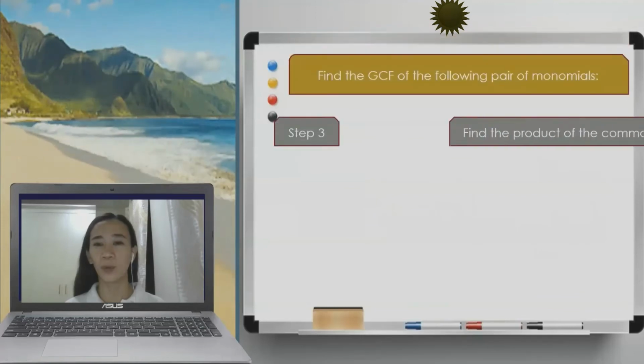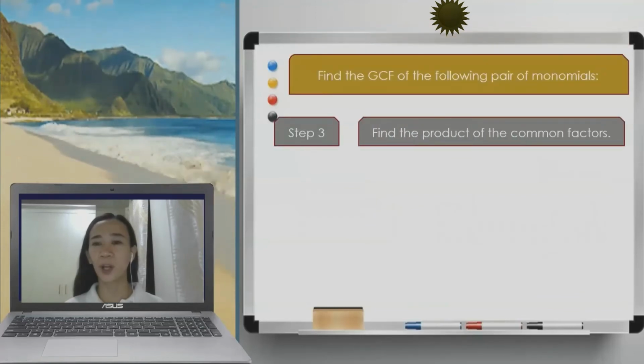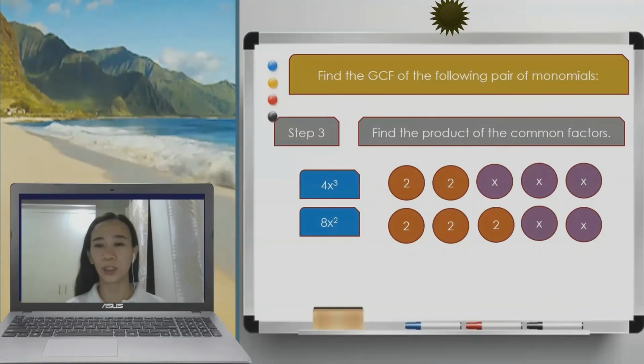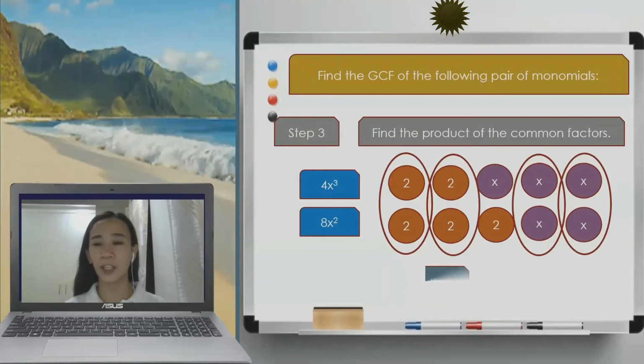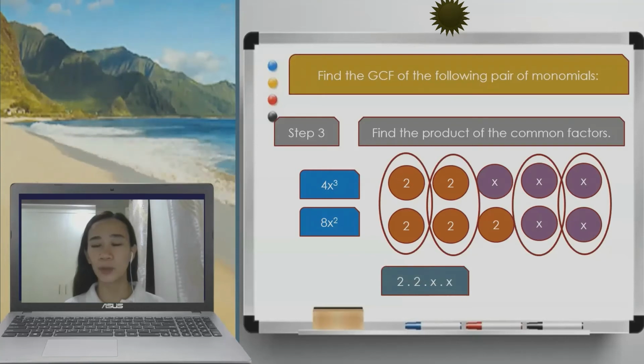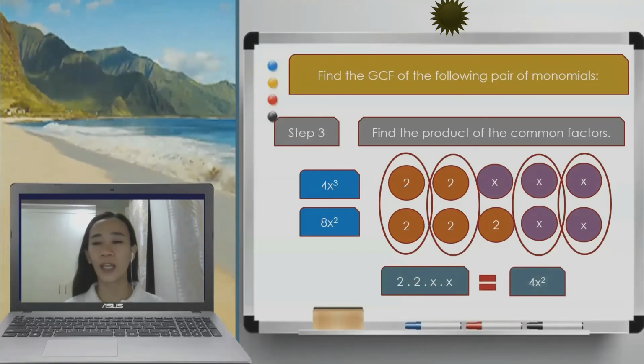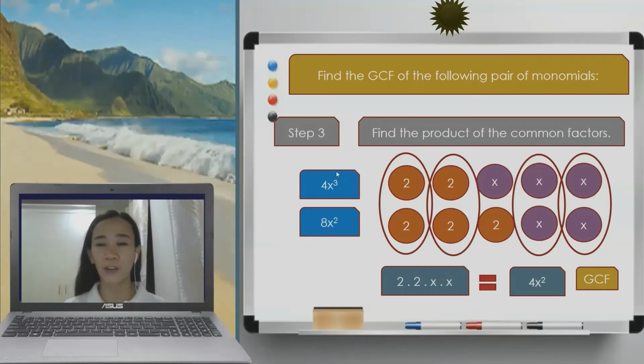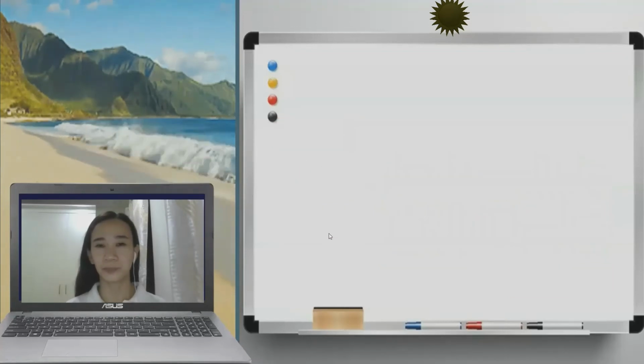Next step, we will find the product of the common factors. We have here 2 times 2 times x times x, or 4x squared. Therefore, 4x squared is our greatest common factor for this pair of monomials.